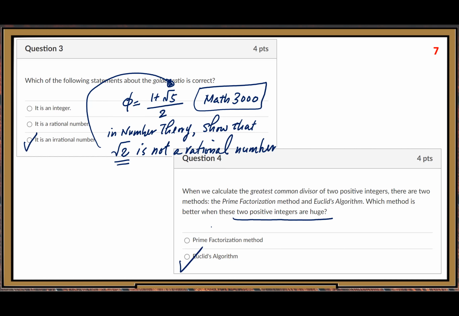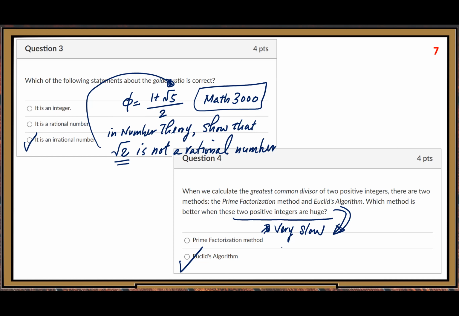The answer is Euclid. Because the prime factorization method is very slow when given integers are huge. And this prime factorization is extremely slow.